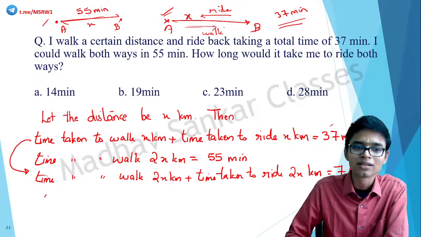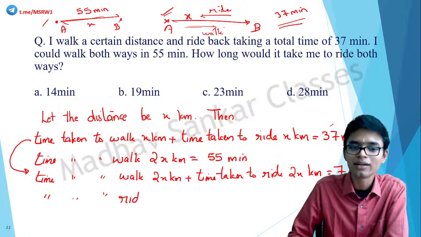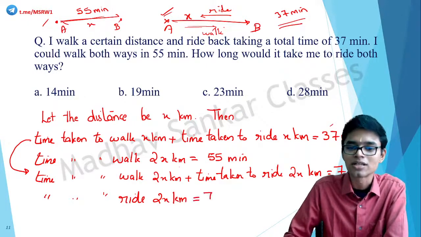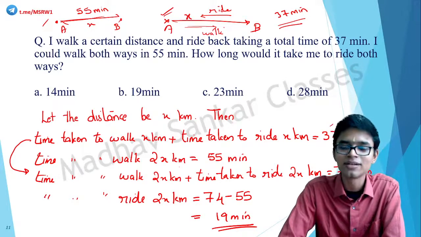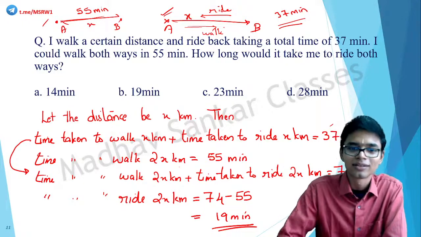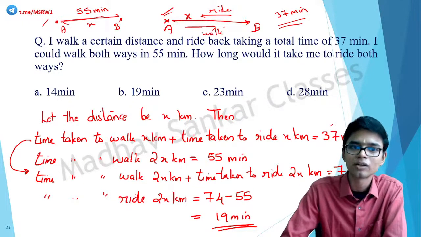Which means time taken to ride 2x kilometers is equal to how much? 74 minus 55 is equal to 19 minutes. Did you understand? Isn't it very simple? Correct now? Time taken to walk 2x kilometers, we got it here.